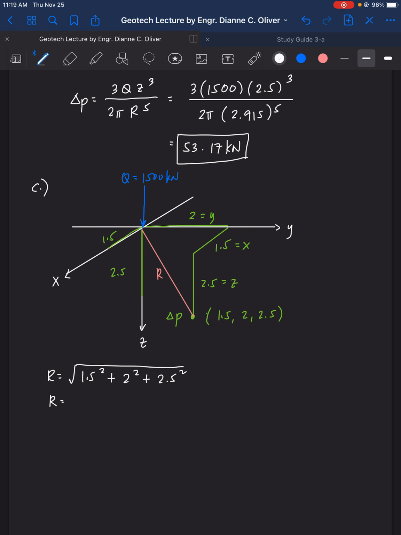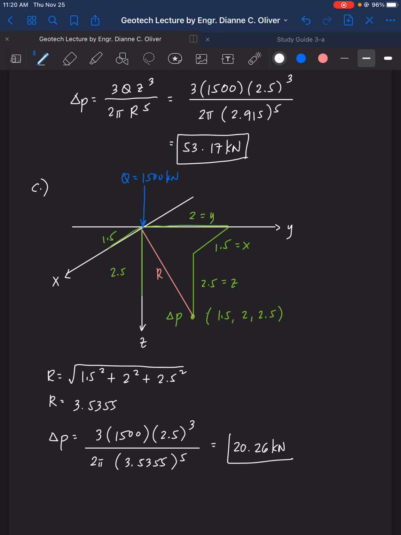So R is equal to 3.5355. So delta P is now equal to 3 times 1,500 times Z of 2.5 raised to 3 over 2 pi, 3.5355 raised to 5. So delta P is now equal to 20.26 kilonewton.